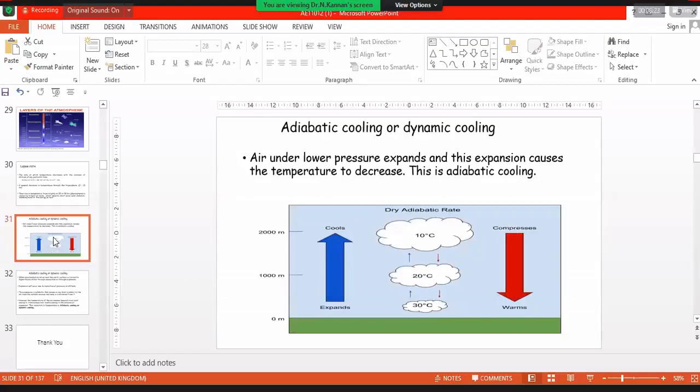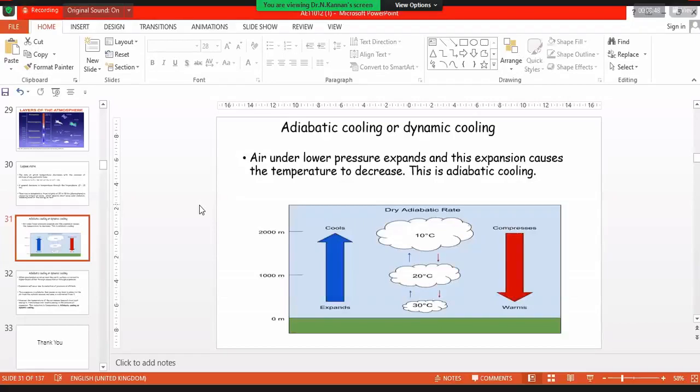This adiabatic cooling is highly essential for us to understand certain processes involved in the formation of clouds. Here I have put one point. You simply read this: air under lower pressure expands, and this expansion causes the temperature to decrease. This is adiabatic cooling.